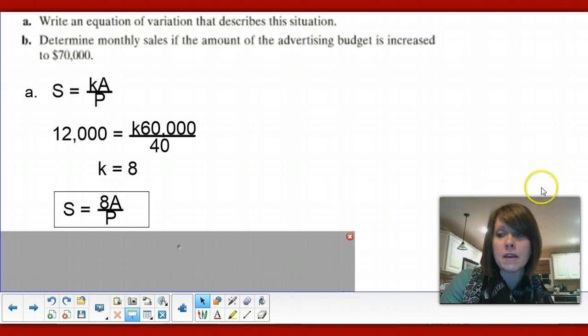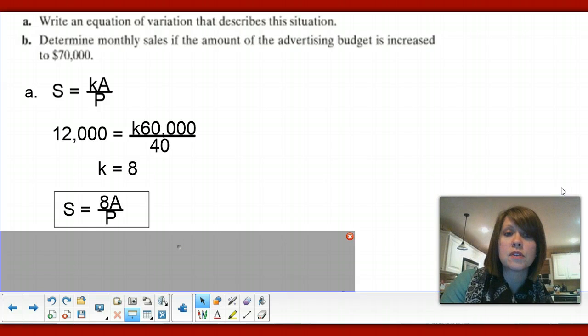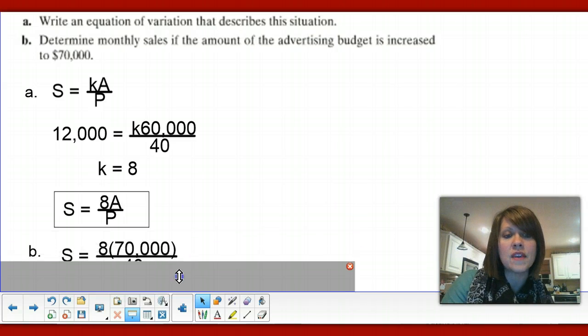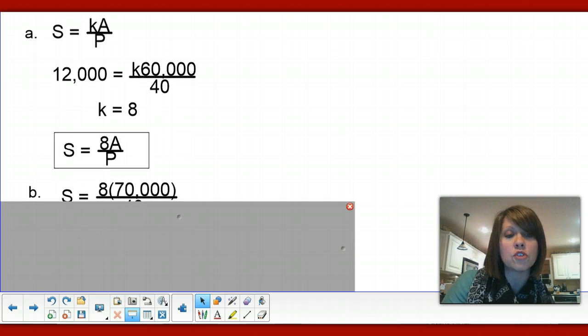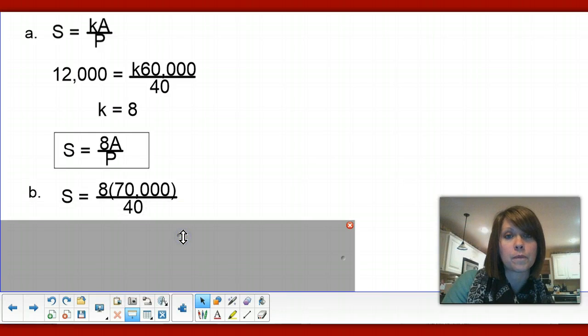Now part B wants us to determine the monthly sales if the amount of advertising is increased to 70,000. So we know that the K is 8, and we know now that advertising is 70,000. And we are not told otherwise, so we're going to stick with the price of the rollerblade being $40 a pair.